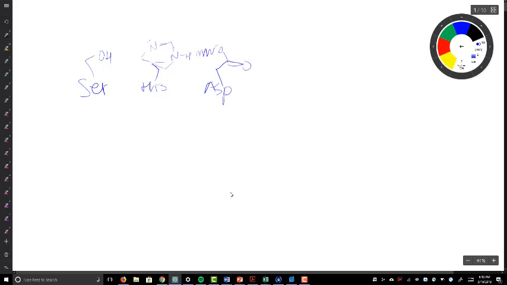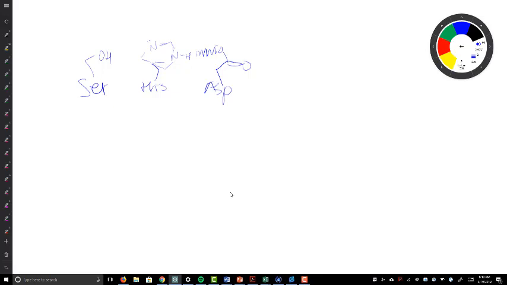So aspartate, again, I already told you. If you have an enzyme that has 3 active site amino acids, a serine, histidine, and aspartate, you're going to be like, oh, it's going to look exactly like chymotrypsin. That's your clue.